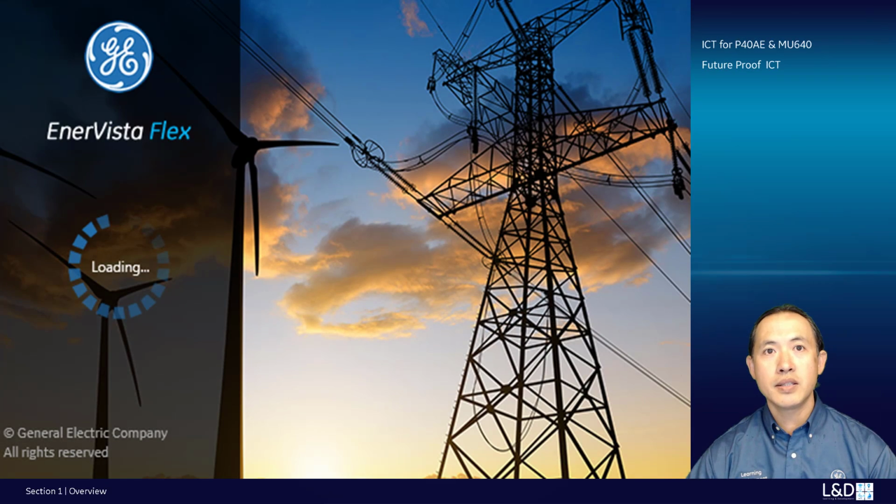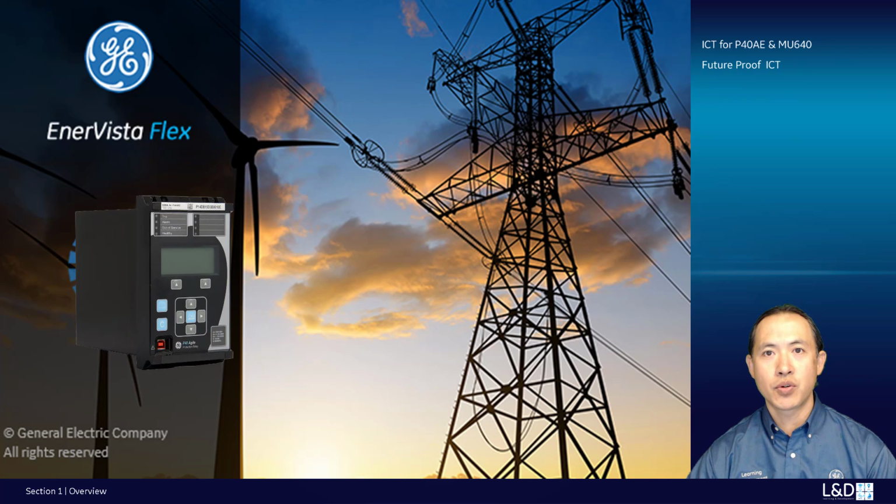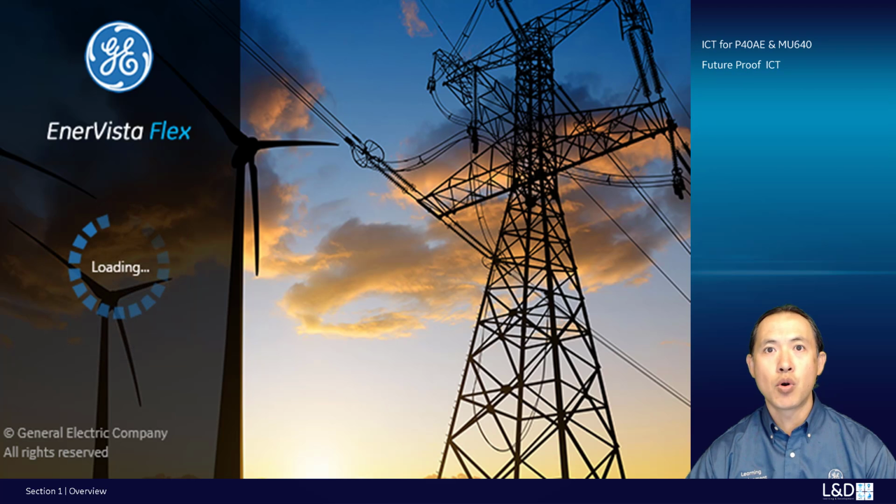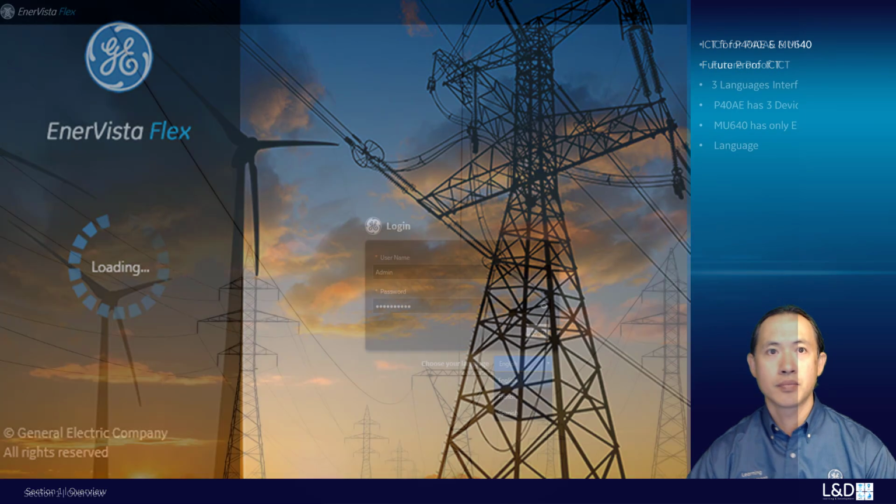The IED configuration tool used for P40 Agile Enhanced is called EnerVista Flex. It can be used not only for the configuration of the P40 Agile Enhanced, but also for the GE Reason MU640 merging unit. In the future, it will support more GE IEDs.